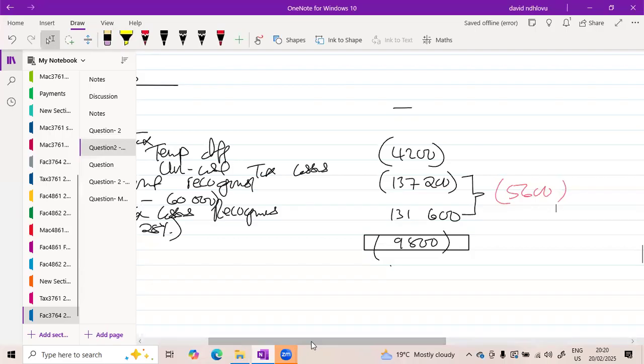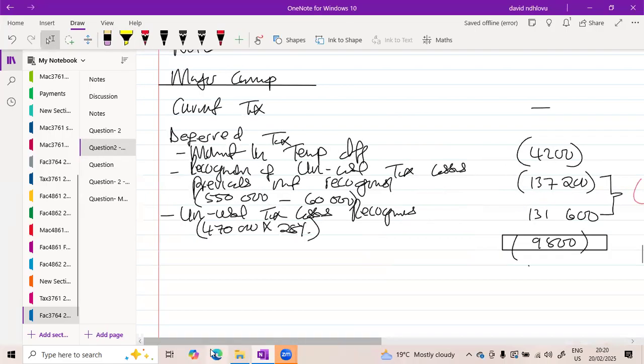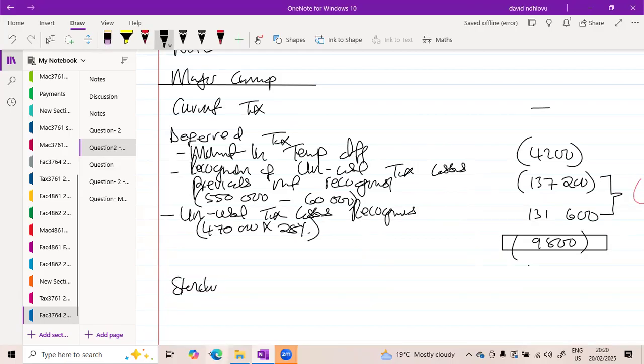Then you go to your reconciliation. Standard tax, 450,000 multiplied by 28, which gave us 126,000 straight.